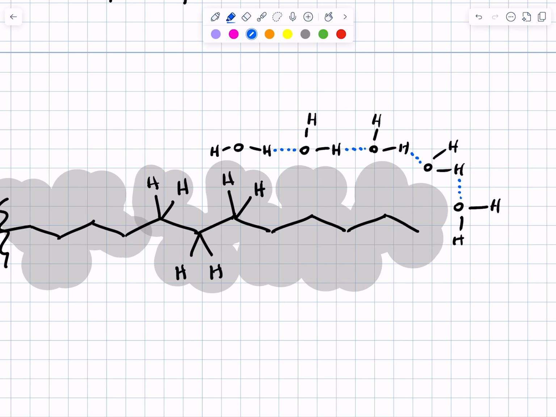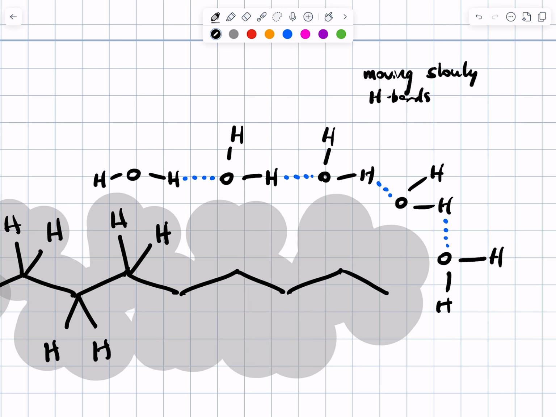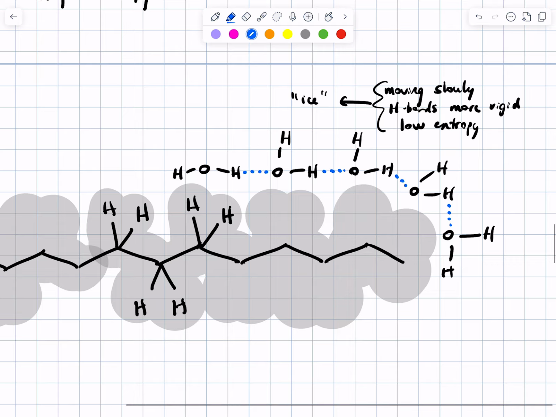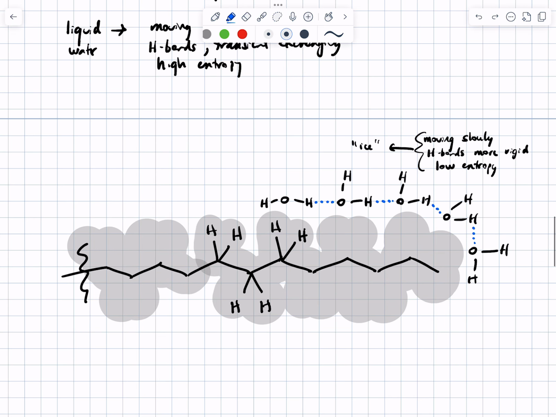In effect, the water molecules in the immediate vicinity of the nonpolar stuff are moving more slowly. Their remaining hydrogen bonds are more rigid, and they have lower entropy, which were words we used to describe ice. It's almost as though the water molecules immediately surrounding the nonpolar surface area are frozen.